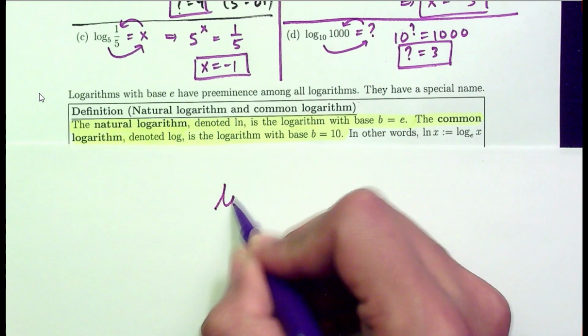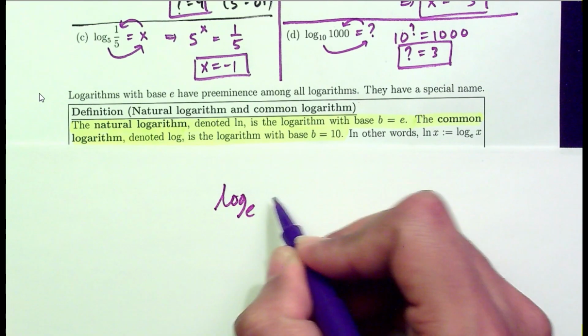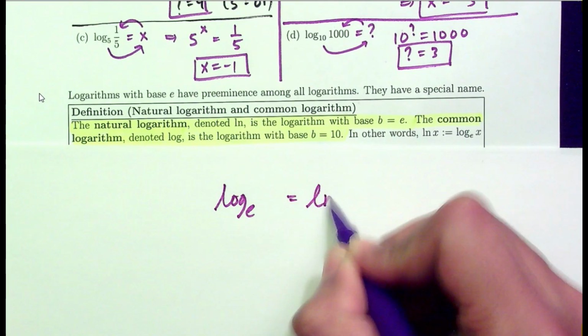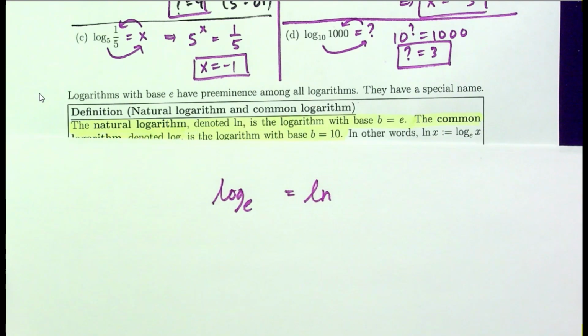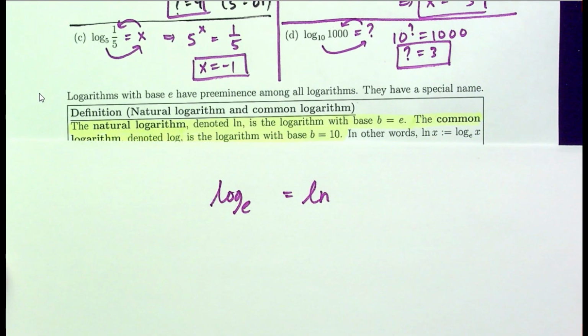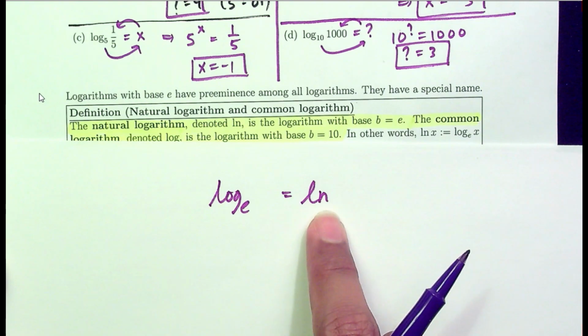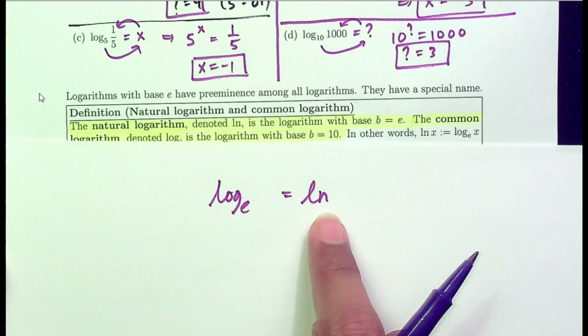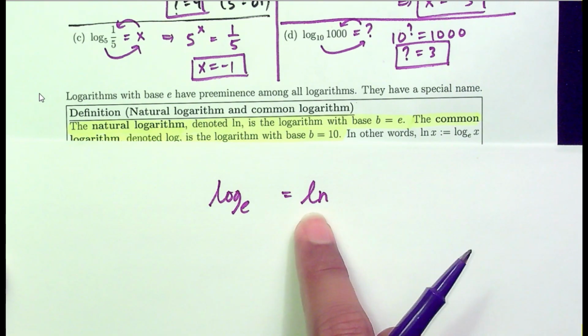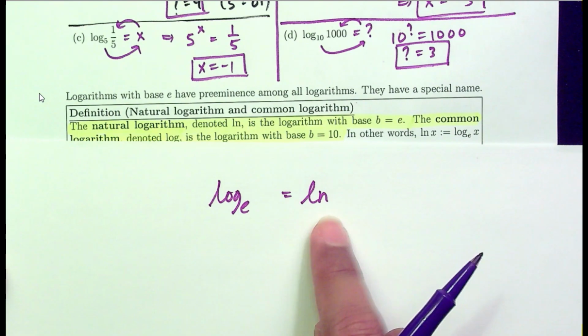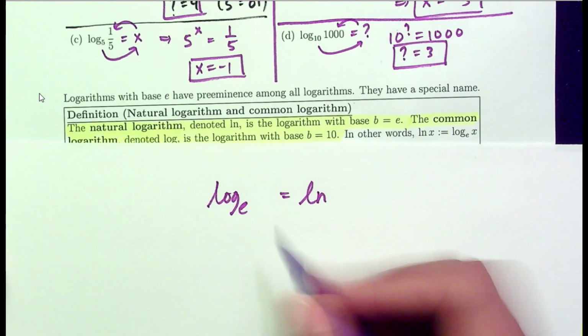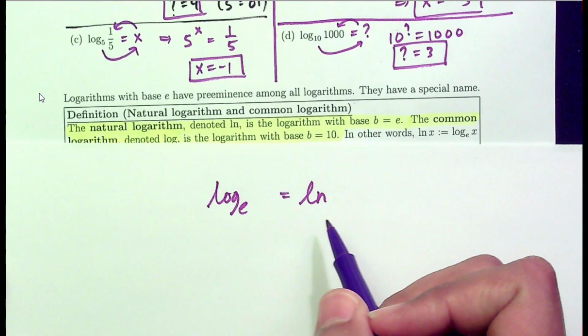The logarithm base e is denoted by ln, which is really the acronym for natural logarithm, but in French it was backwards. So that's why it's ln instead of NL. In Spanish it's backwards as well.